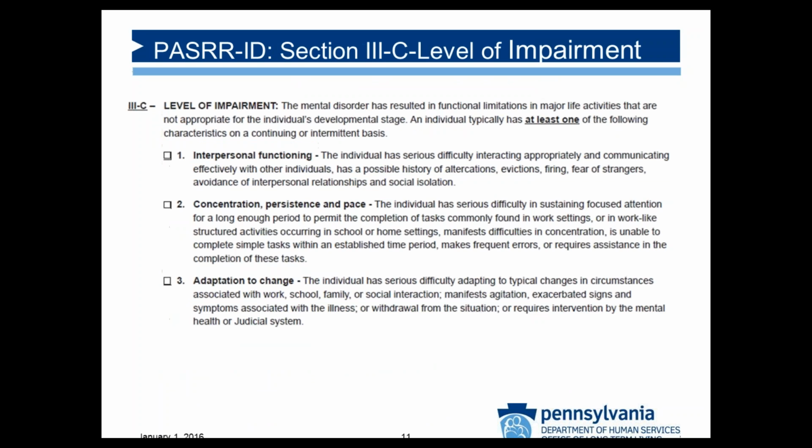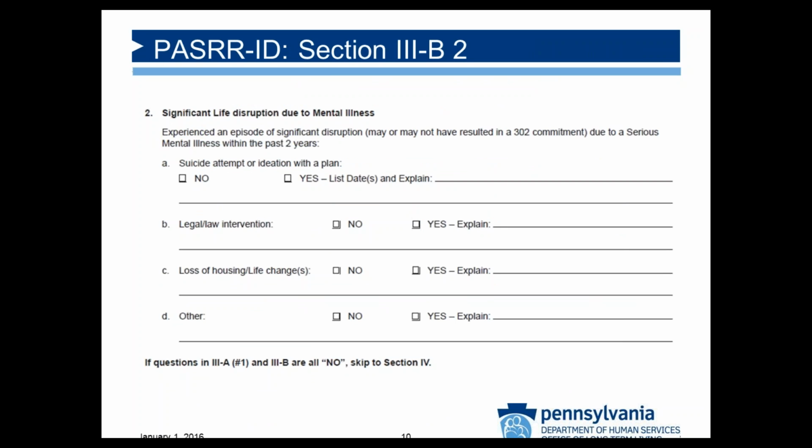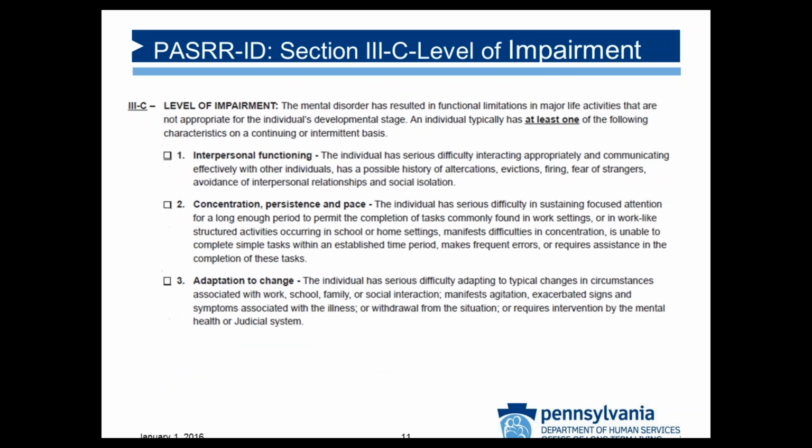And then we do ask for the level of impairment, but we have changed this question a little bit for this update. We need at least one of the following, or we're asking if they've had at least one of the following.